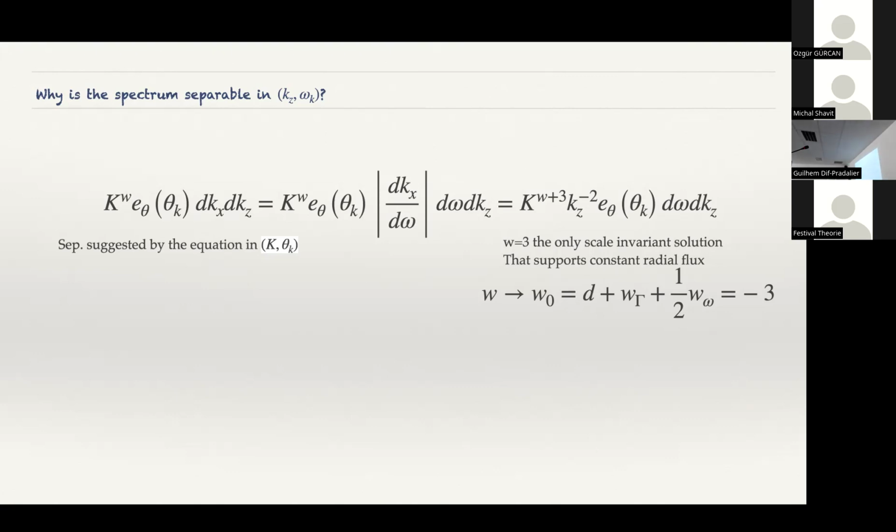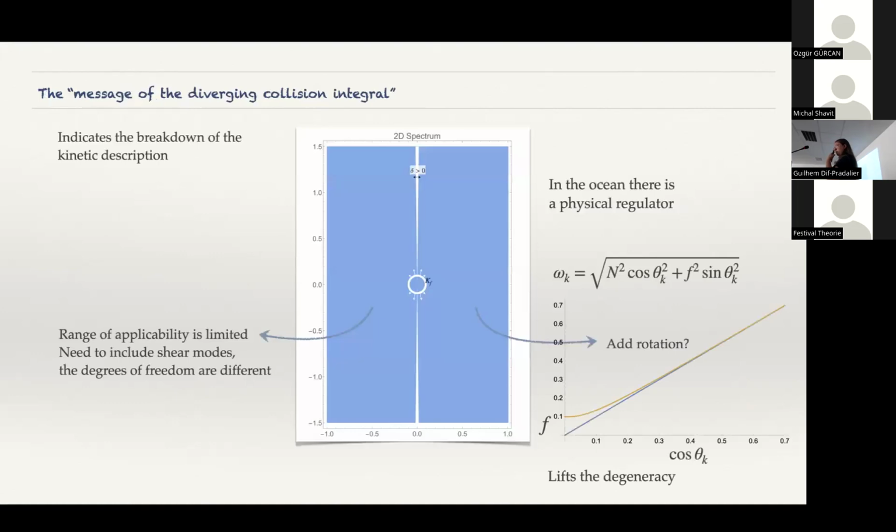So if you return to our family of solutions here, where you have W and W, the power law minus 3 is the only power law that makes this spectrum in kz and omega separable in kz and omega. So this is one mathematical insight about the separability of the equation, if you're in the turbulent regime.